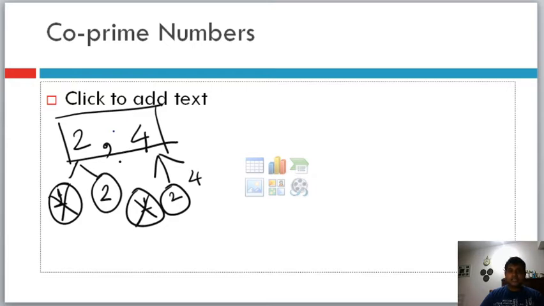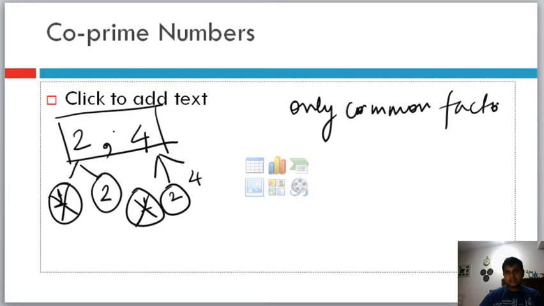In order for two numbers to be co-prime, the only common factor has to be 1. If 1 is the only common factor between two numbers, then those two numbers are co-prime.